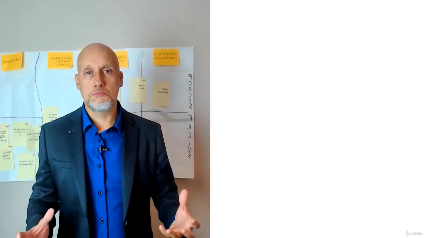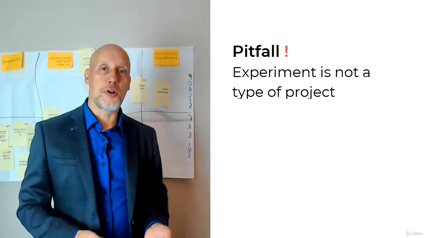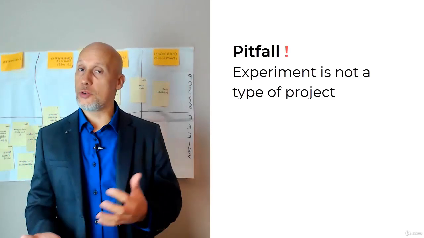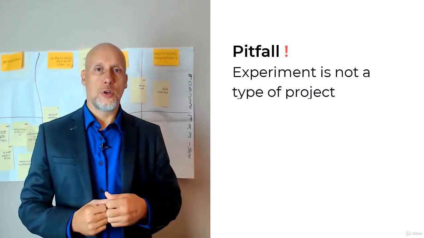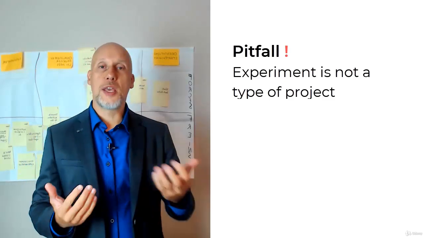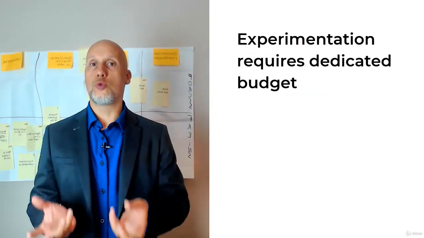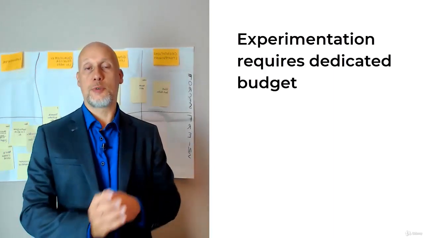And why not experiments project? But it would be like trying to compare apples and oranges. It just doesn't work. The rhythm is not the same, for example, in terms of the time it takes to deliver, the velocity of decision making, the way to assess success, not the same. In conclusion, we have to allocate specific funding for experimentation.